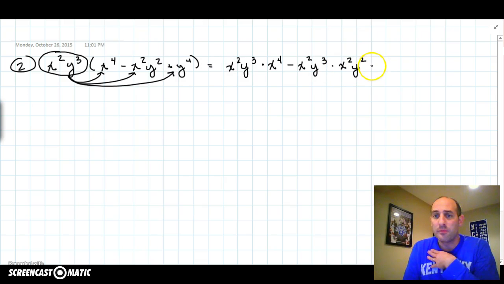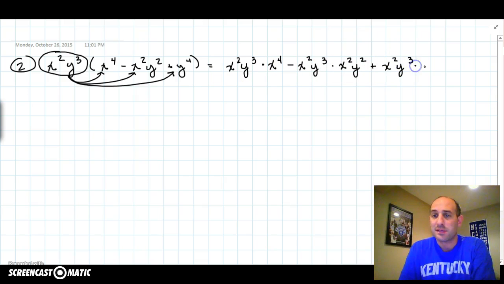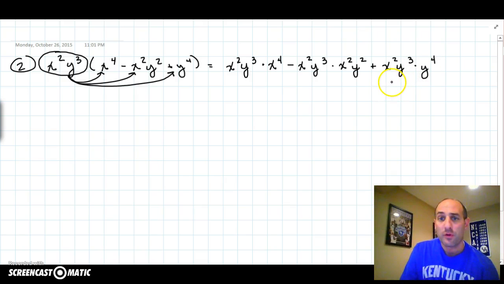And then finally I'm going to have a plus sign because in front of the y to the 4th there's a plus sign, so I'm going to leave that the way it is. I'm going to have x squared y cubed times y to the 4th. So you can see all the multiplication problems. It ends up only being 3 multiplication problems, but each one of these things looks pretty complicated.